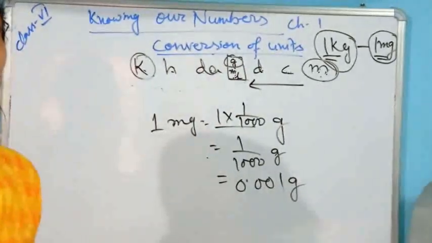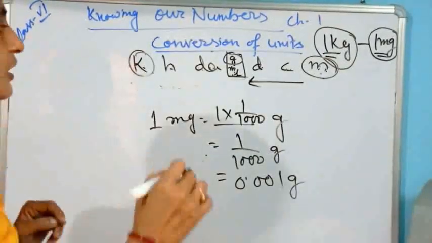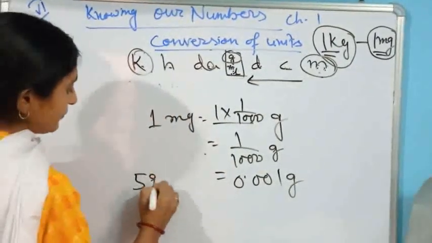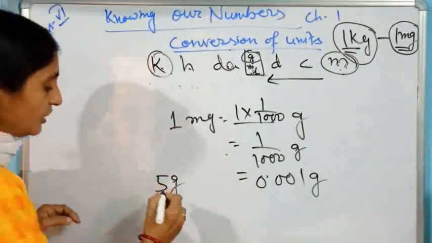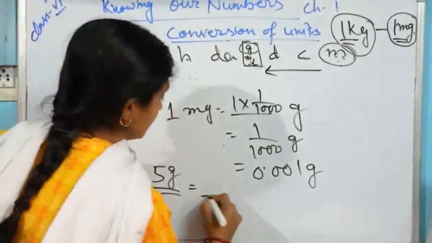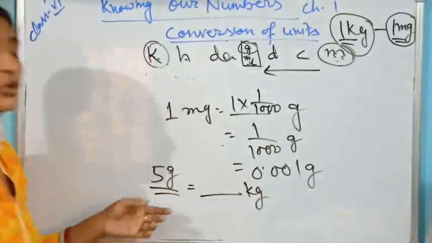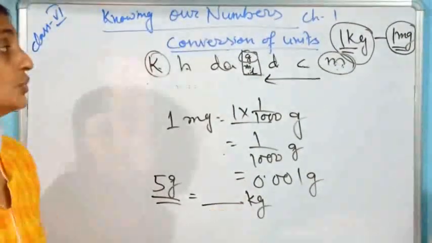Now for your basic idea, let's take gram to kilogram. Suppose your parent has bought some material, let it be 5 gram. Now you are asked to present this in kg. How many kg will it be? 5 gram stands for how many kg? What will you do?